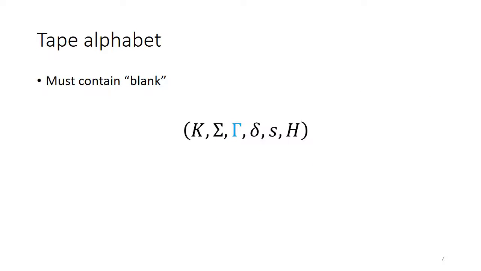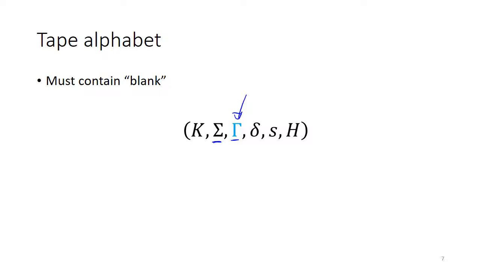So when we defined our pushdown automata, we had to define a set of symbols which could go on the stack, and this we represented using a capital gamma. Now, for the pushdown automata, the input alphabet and the stack alphabet didn't have to have any relationship. They could be completely distinct. However, when a Turing machine accepts a string as input, that string is written onto the tape.